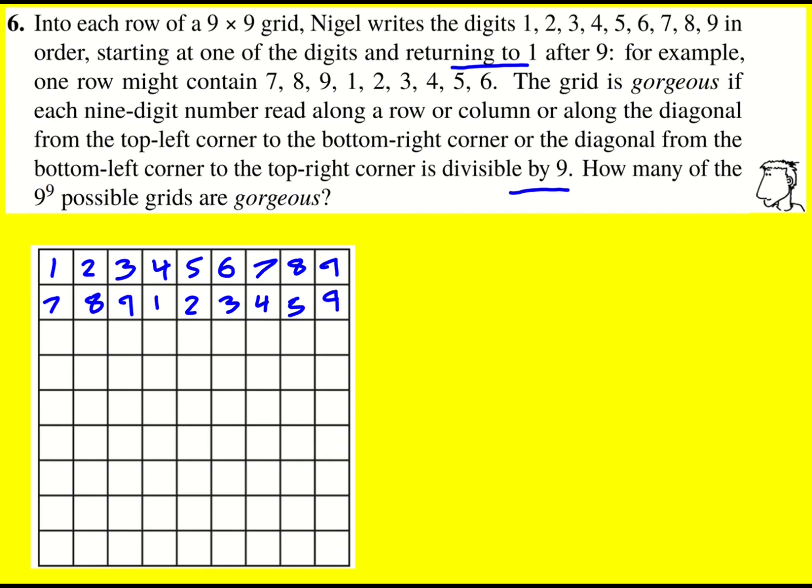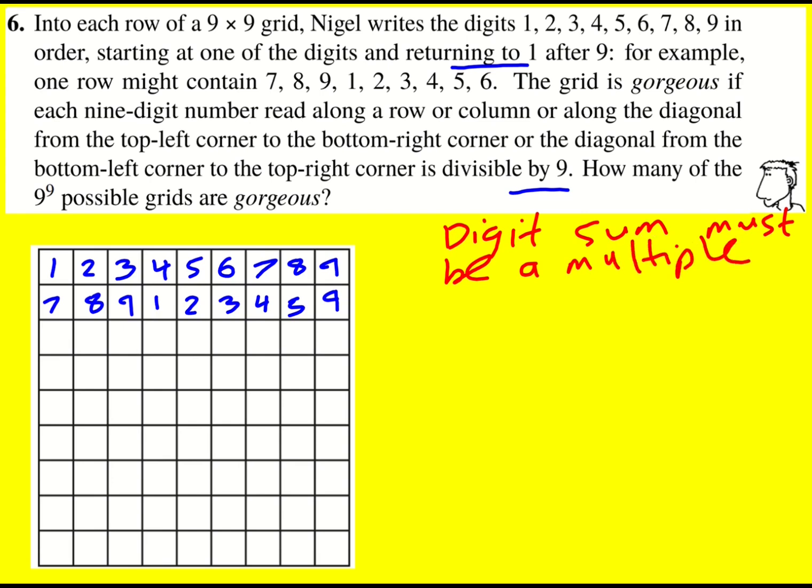Well, straight away, that means that the digit sum has to be a multiple of 9. And if it is, then we'll be absolutely fine. The number will also be divisible by 9. So we just first of all look at the rows, because the rows contain the same numbers every time, and we're going to be adding up the numbers from 1 to 9.